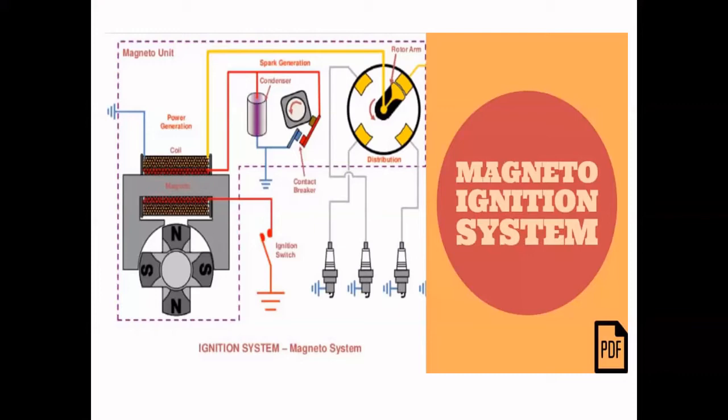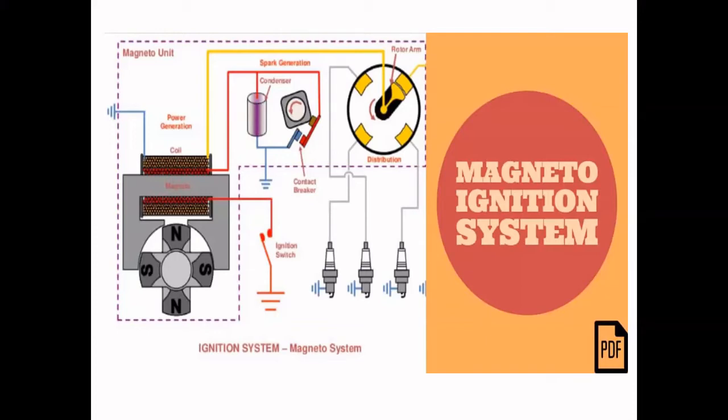In the polar inductor type magneto, the magnet and the windings both remain stationary, but the voltage is generated by reversing the flux field with the help of soft iron poles, which are called inductors.